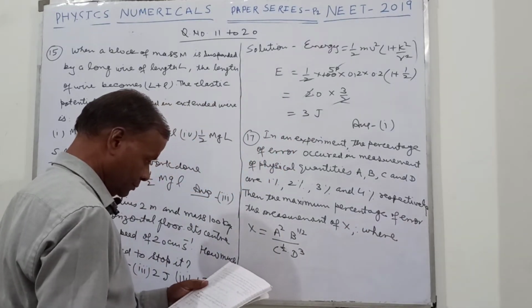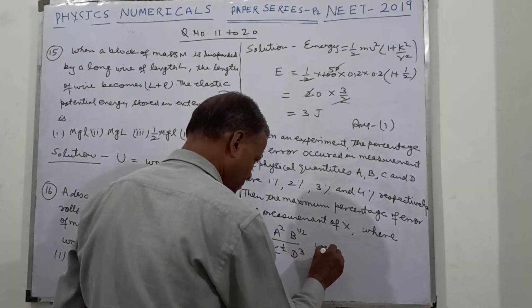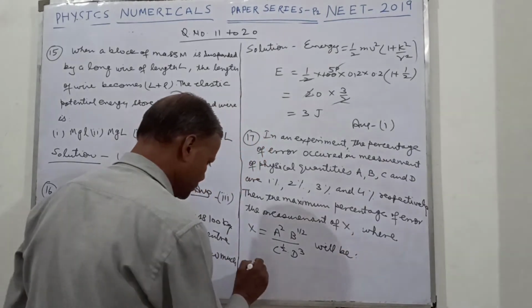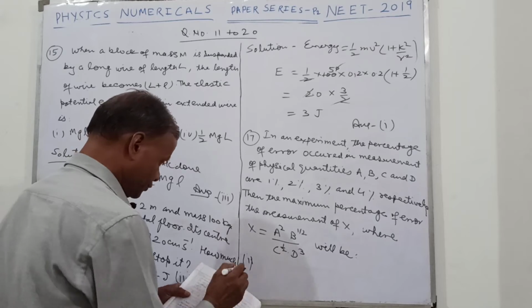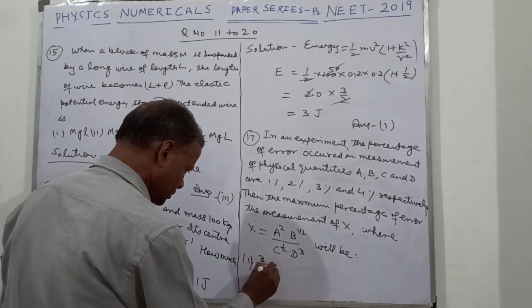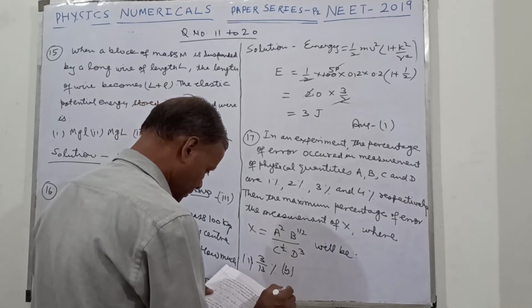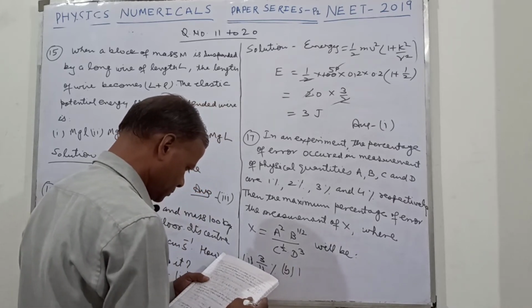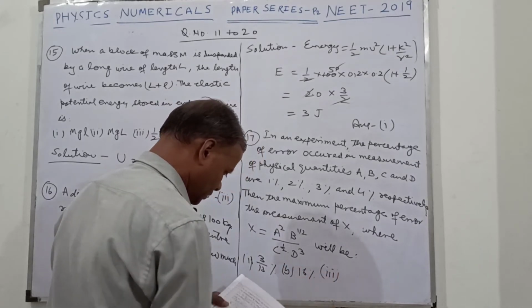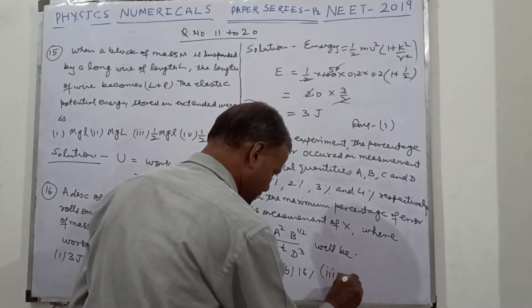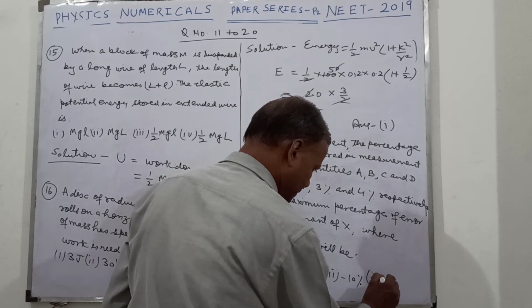Now options. First option, 3 upon 13%; second, 10%; 16%; third, minus 10%; fourth, 10%.